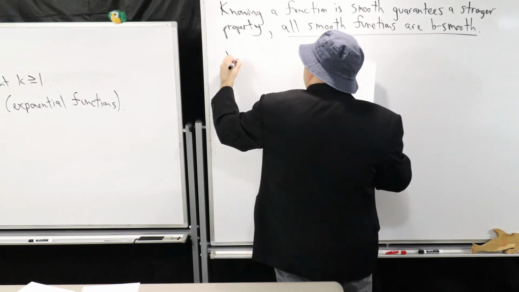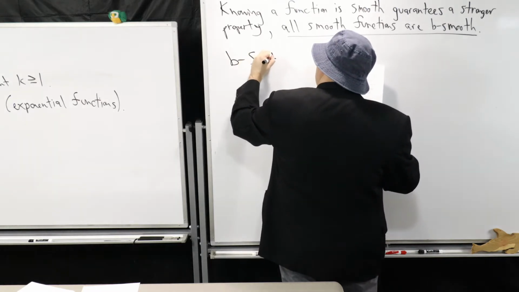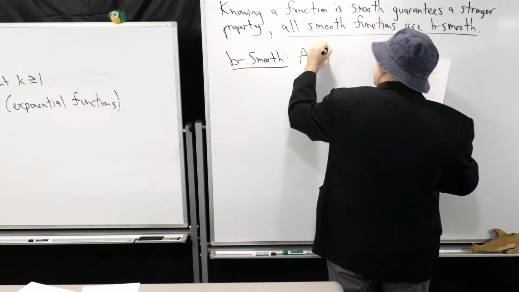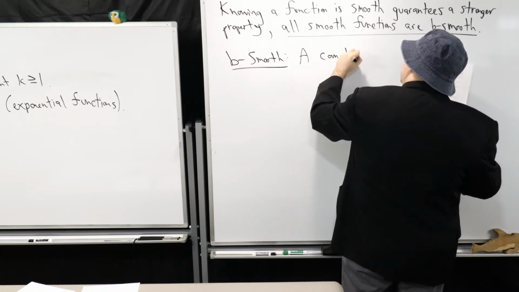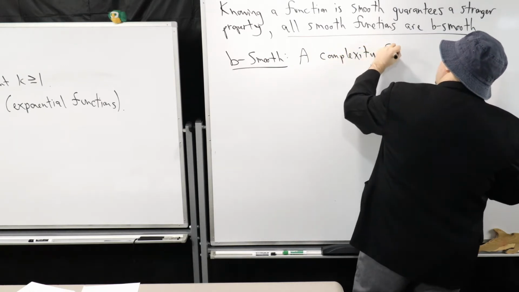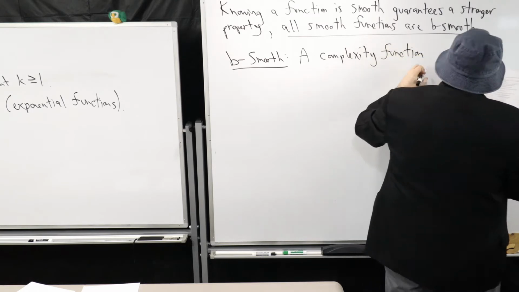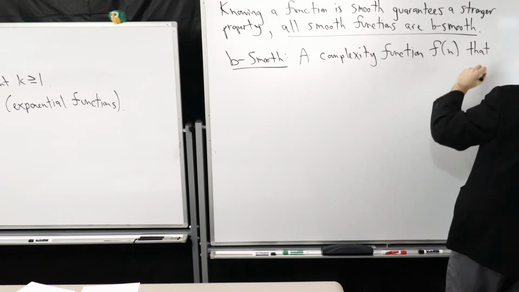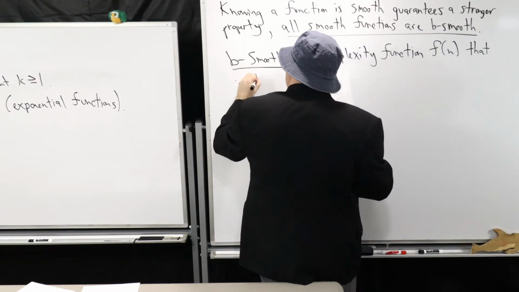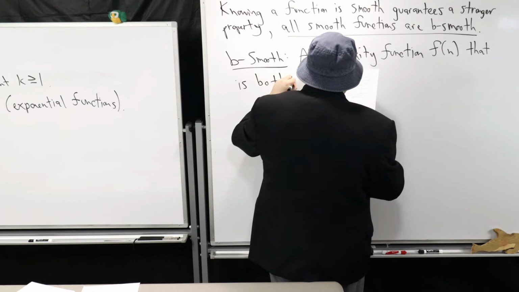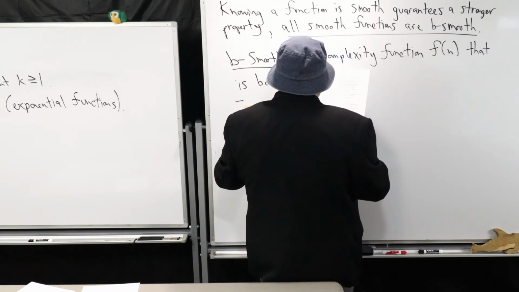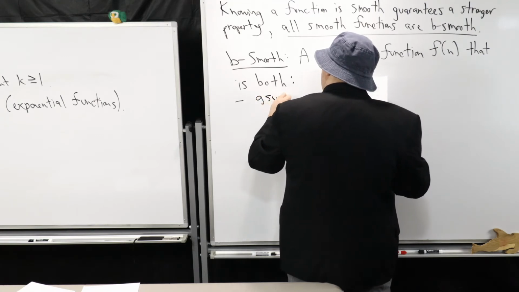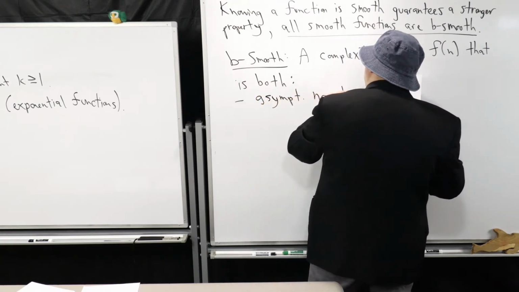So let me define what B-smooth is. This is going to be a complexity function f that is both, this might look familiar, by the way, asymptotically non-decreasing.